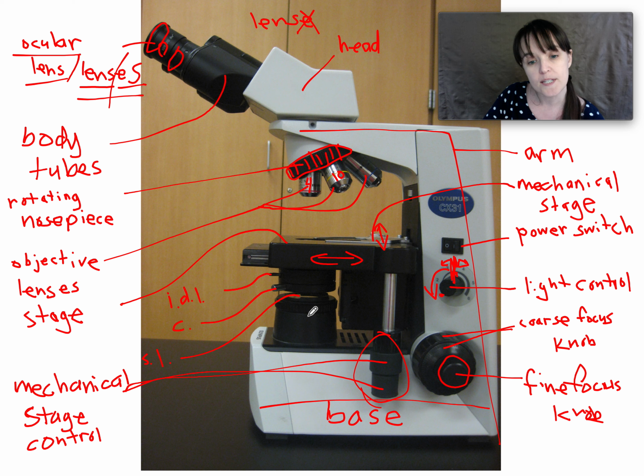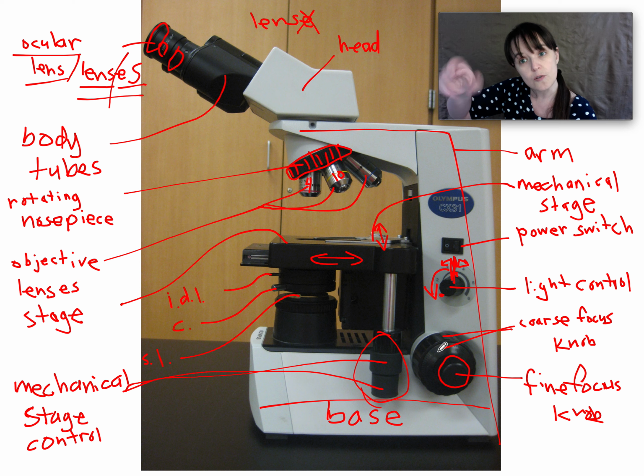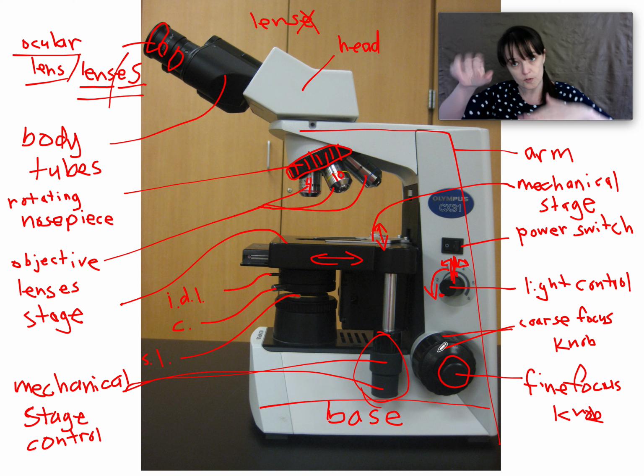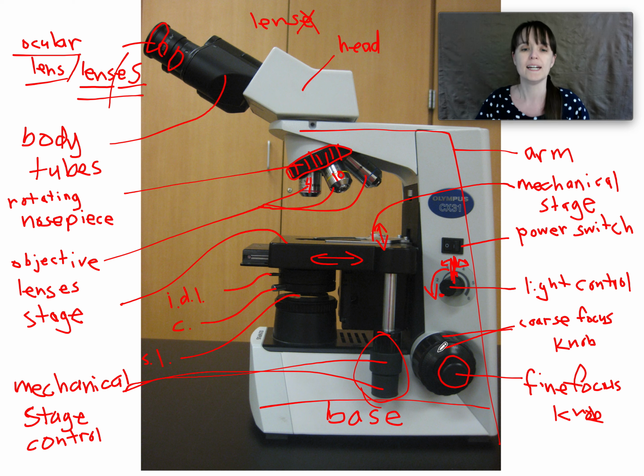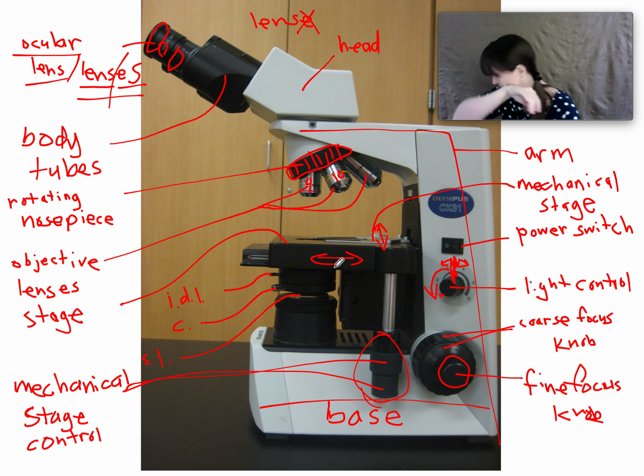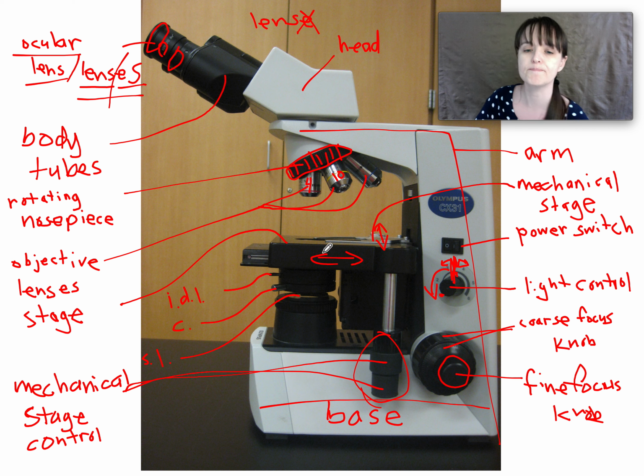So line your specimen up between the light and the objective lens, and then you will start with the stage all the way down, and then use the coarse focus knob to slowly turn that to move the stage up until you can sort of see what specimen you're looking at. And you can tell, looking just at the slide in the light, if the specimen's going to be pink or blue or purple, effectively what color you're looking for.